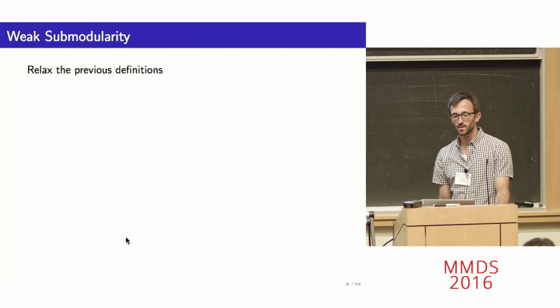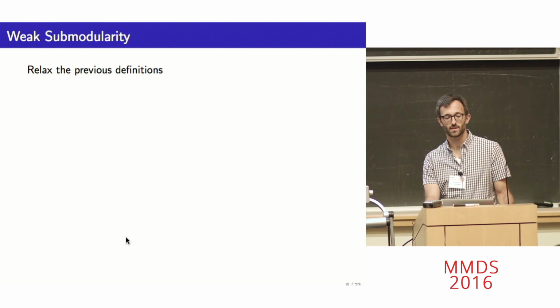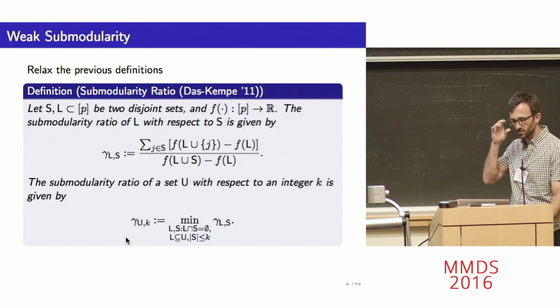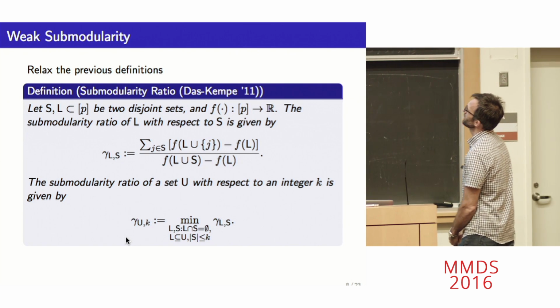We need to do something more interesting if we want to exploit these tools. So there's this concept called weak submodularity, which essentially relaxes this definition of submodularity, and it goes like this. This is not too difficult to parse.